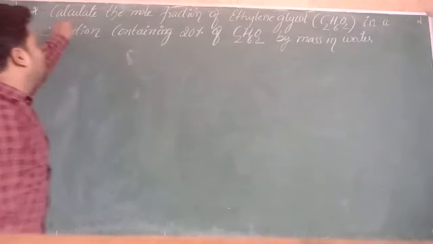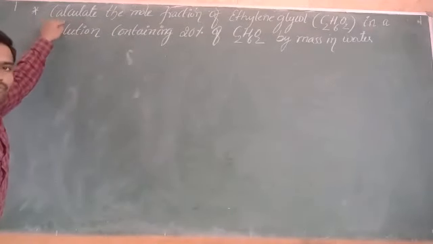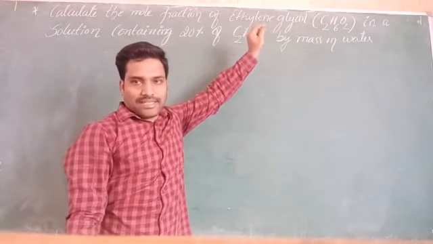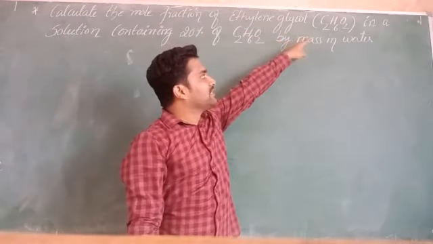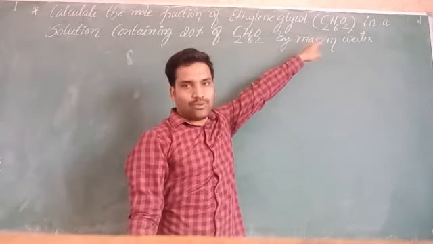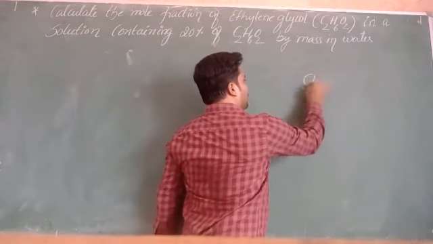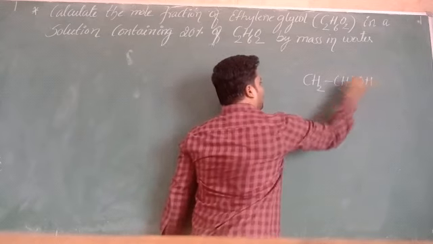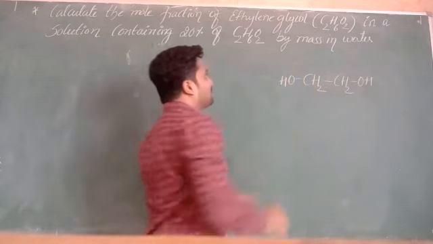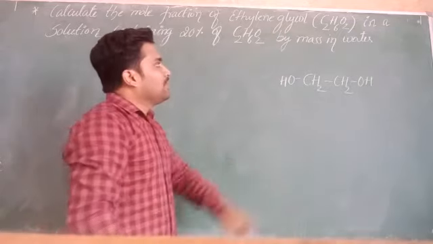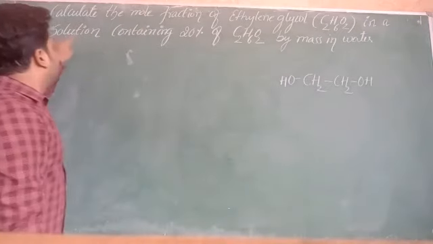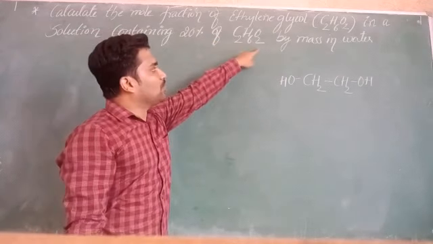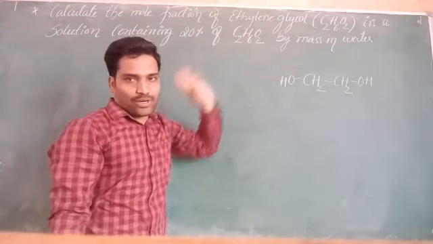So the problem is: calculate the mole fraction of ethylene glycol. Ethylene glycol, that means C2H6O2, that is CH2OH. Okay, so this is ethylene glycol in a solution containing 20% of C2H6O2 by mass in water.